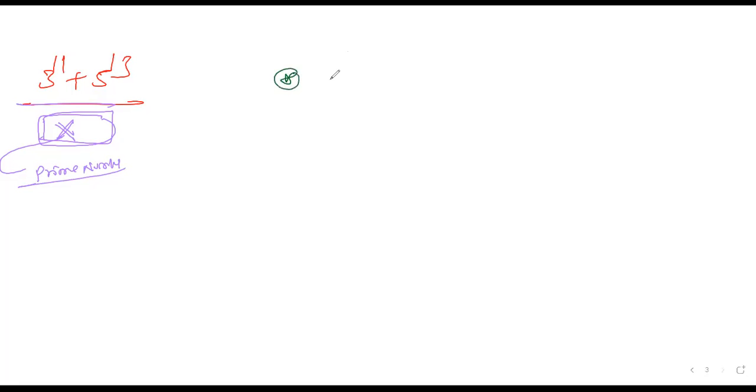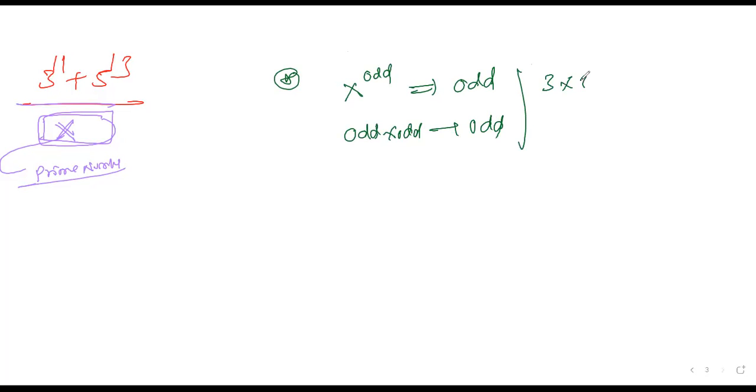First note: some x power odd becomes an odd number only, because I told you odd number into odd number is nothing but odd number only. For example, you can take 3 times 3, it is 9, an odd number. 5 times 5, two odd numbers multiplied, is 25.